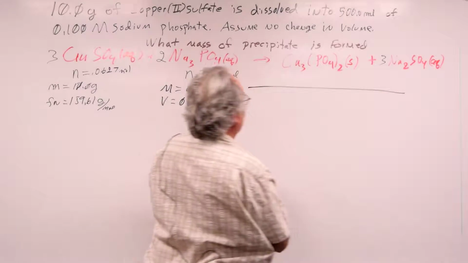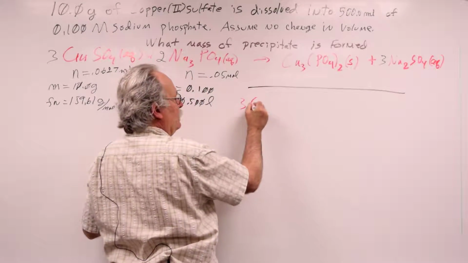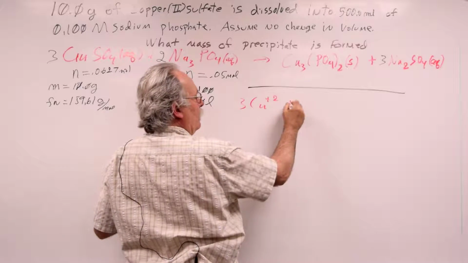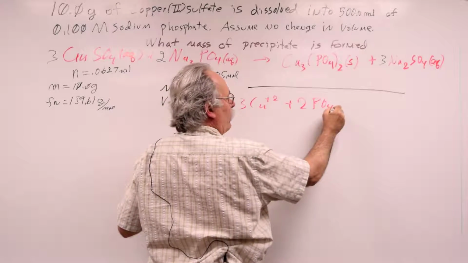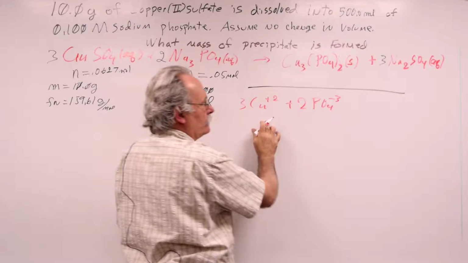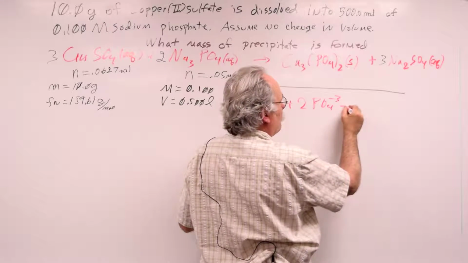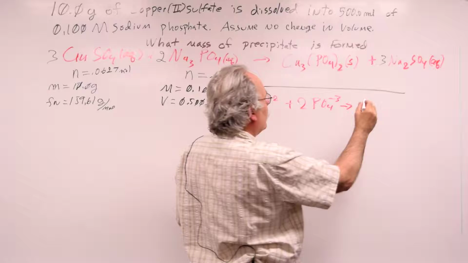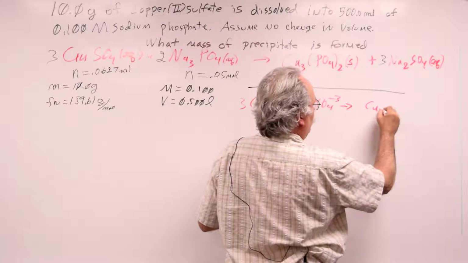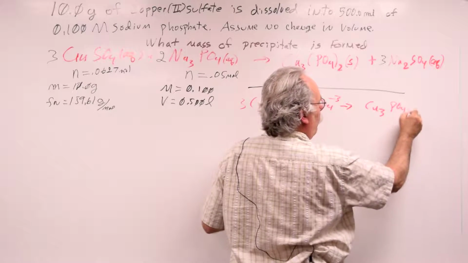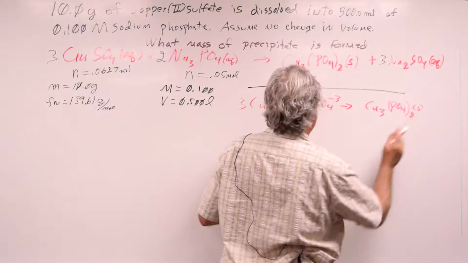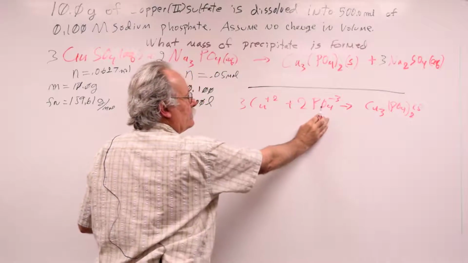So the net ionic equation would be 3Cu+2 plus 2PO4-3, and these are both aqueous, forming Cu3(PO4)2 as a solid. And this got consumed, and there's excess of this.